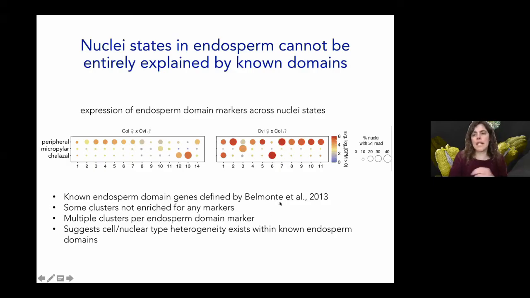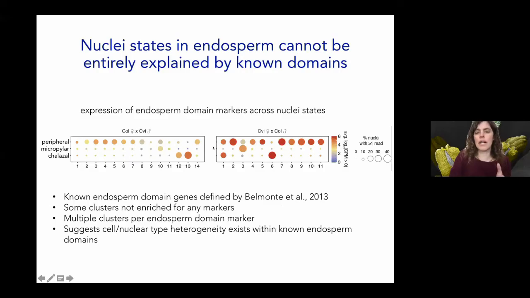From that data, which was microarray data, you can assign a set of markers for peripheral, micropolar, and callosal endosperm, and then we looked to see what their expression of those markers was across the clusters that we defined.